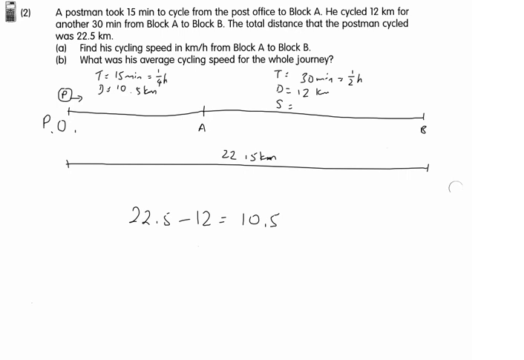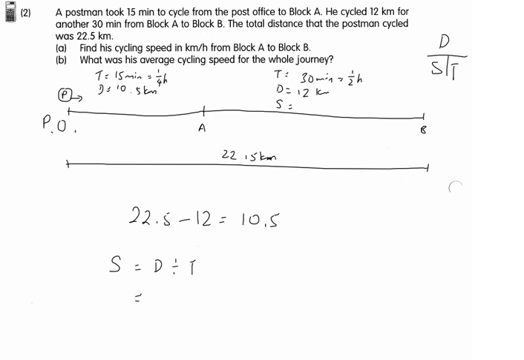So now I want to find a cycling speed from A to B, which is from here to here. That means I'm trying to find this thing. So we have the formula. I want to find speed. So to find speed, okay, what's the formula, Kaden? Okay, speed equals to distance divided by time.